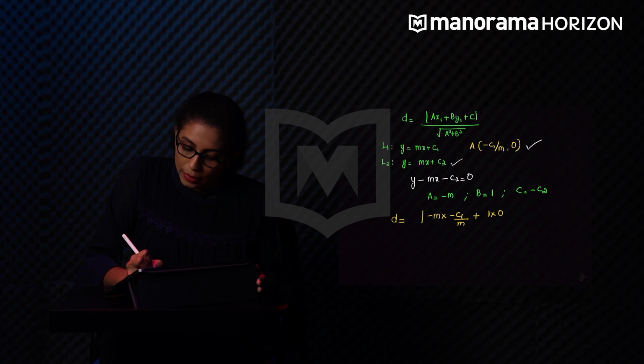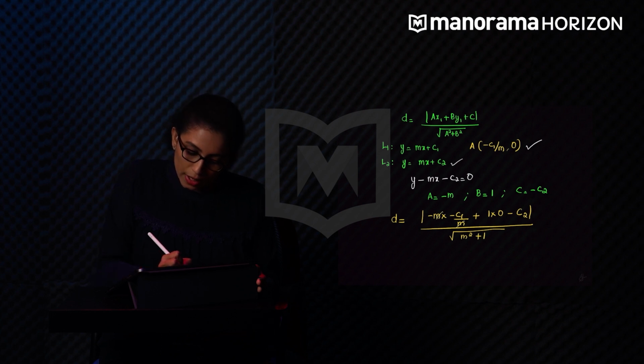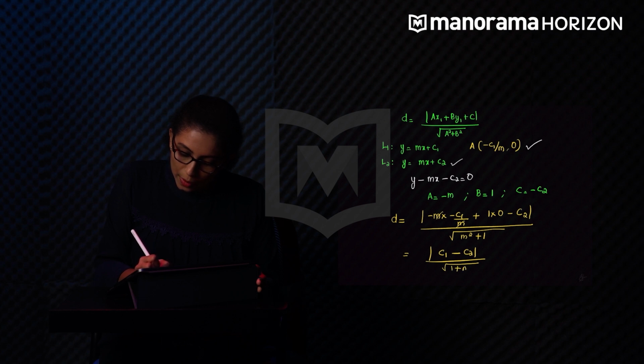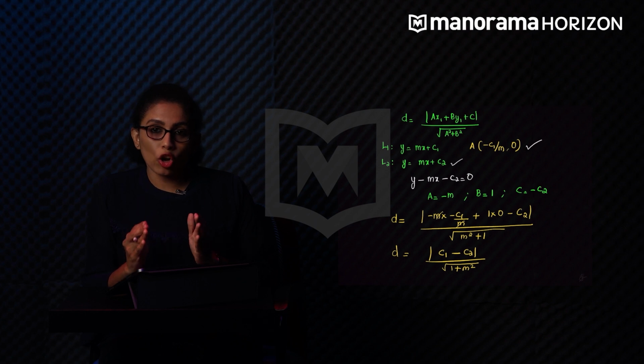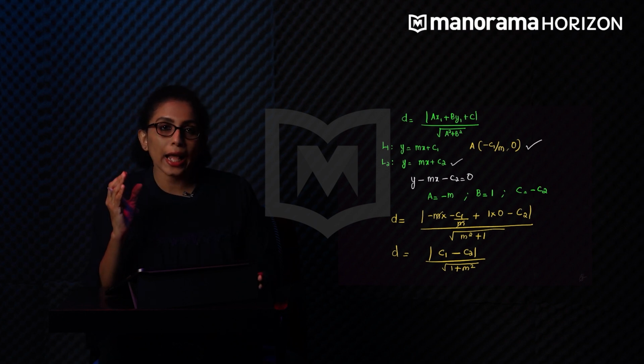It is 0, plus C is minus c2, divided by root of A square plus B square, that is m square plus 1. m cancel and we get modulus of c1 minus c2 divided by root of 1 plus m square. And this is the distance we got between two parallel lines L1 and L2.